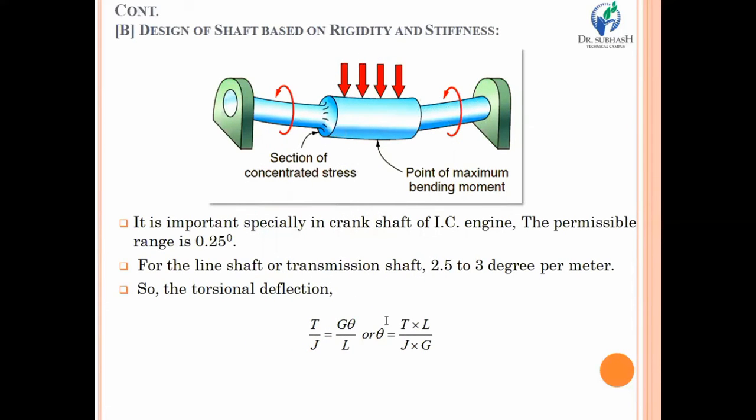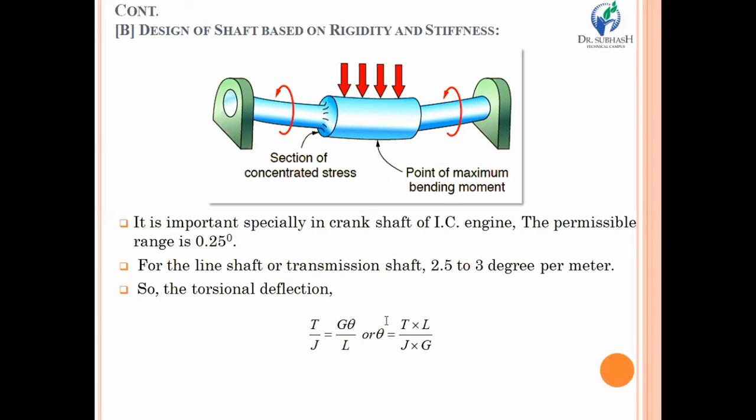Now, after the strength criteria that we have designed, there is one more criteria that we already discussed in the previous slide, that is the design of shaft based on rigidity and stiffness. Rigidity means the design is based on deflection.